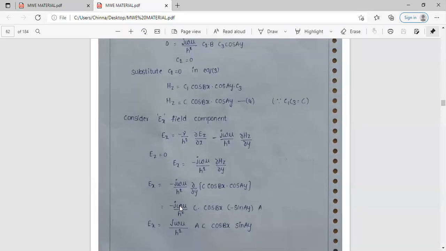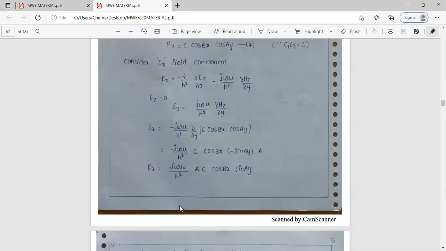Then we can obtain that Ex is equal to minus j omega mu by h square dou Hz by dou y. Ex is equal to minus j omega mu by h square into c cos bx into minus sin ay into a. So Ex is equal to j omega mu by h square a c cos bx sin ay.